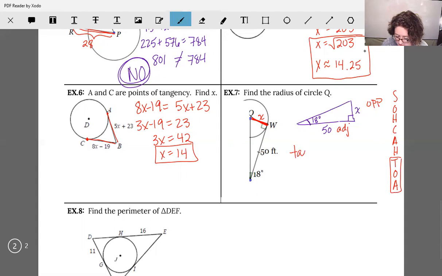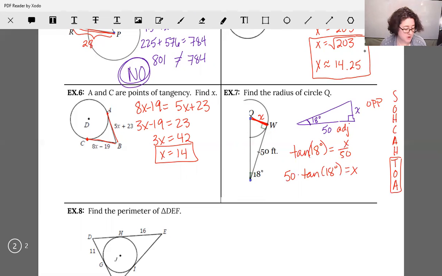So tan of 18 degrees equals x over 50. And so to get the x by itself, just multiply both sides by 50. So 50 times tan of 18 degrees equals x. Don't forget, before you actually plug in your calculator for any SOHCAHTOA problems, you need to check your mode.